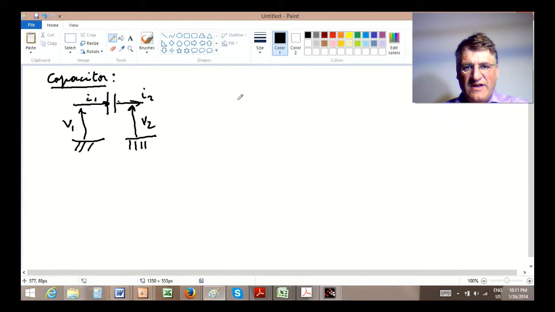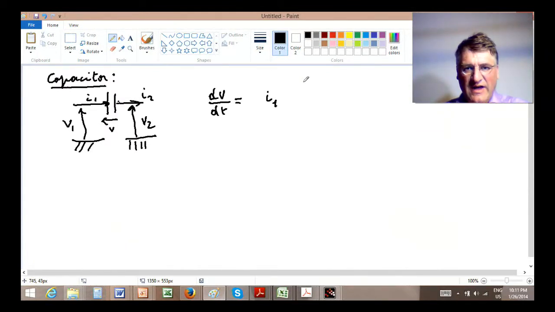Okay. Then we have that the voltage across the armature, that voltage V, satisfies dV/dt is going to be proportional to the intensity entering the capacitor.